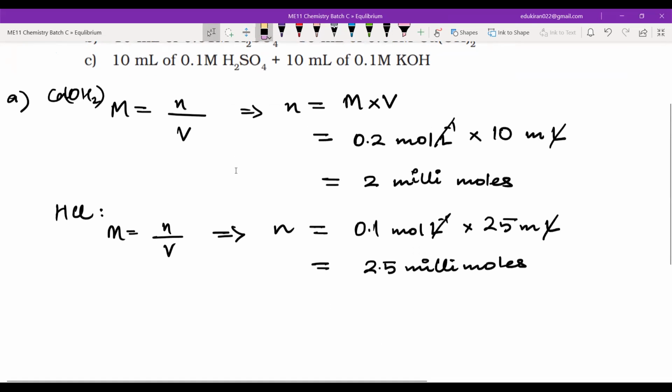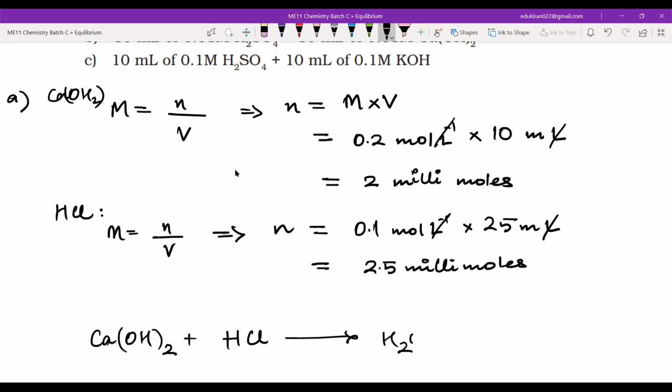So you will have to write the reaction, and here the reaction is important. You have Ca(OH)2 plus HCl. You can see what will happen: you will form salt and water. First of all, you form water, H2O.